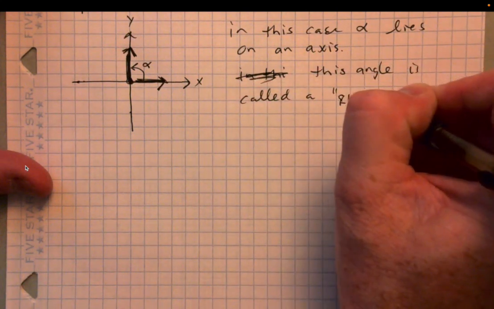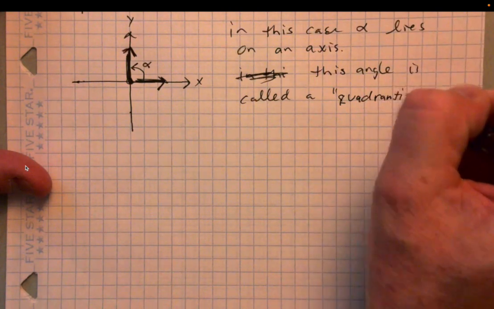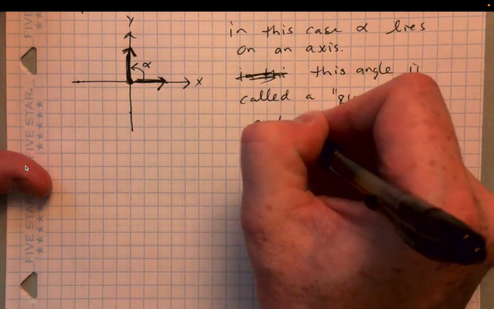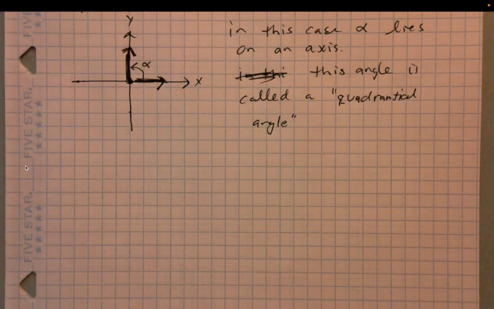So, quadrantial angle. It's kind of a strange term, and again, this term isn't super important. I just want to make you aware of it in case it comes up later. You might come across example problems that speak of quadrantial angles, and I want to make sure you're familiar with that.